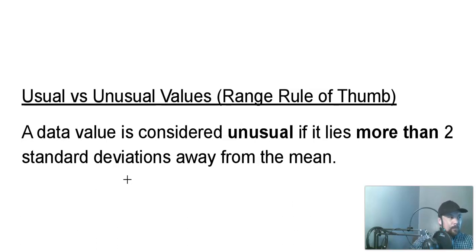If it's more than 2 standard deviations away, it has a less than 5% chance of occurring under the assumption of a bell-shaped curve, which we're going to assume is the case for a lot of our data values, especially if we're looking at samples. There's a connection there, which we'll get more into later. But 2 standard deviations away, it's unusual.